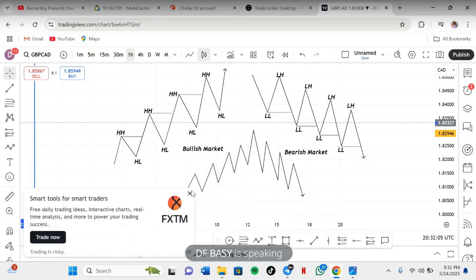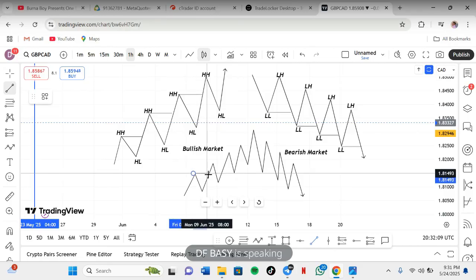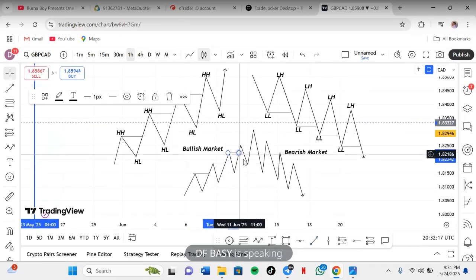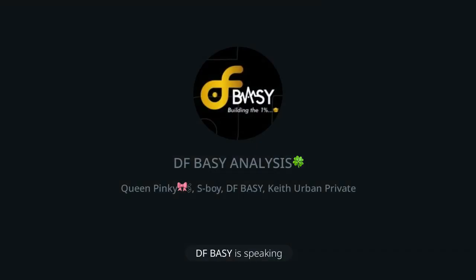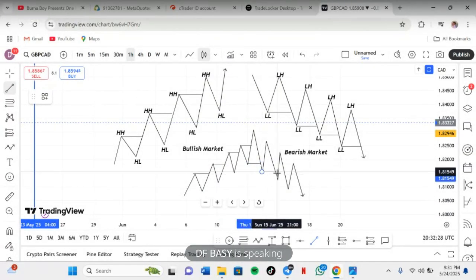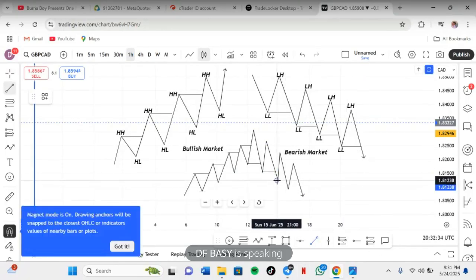Okay. So when the market is bullish, you will see continuous breaks of structure to the upside. Then when it starts creating a downtrend, you see breaks to the downside.